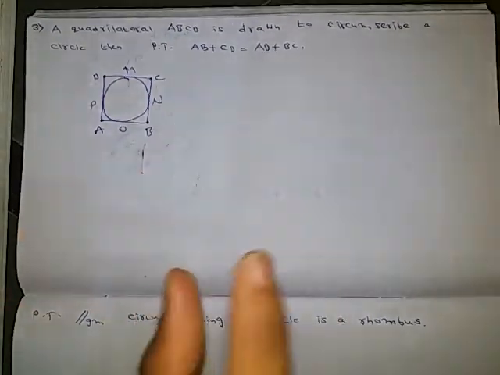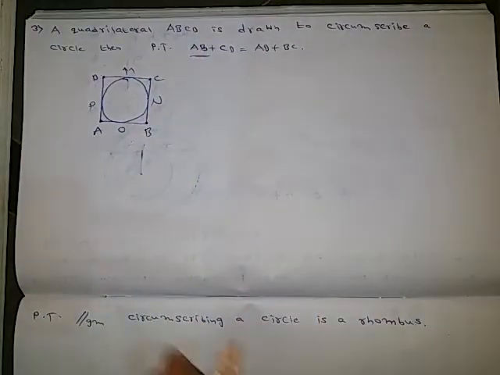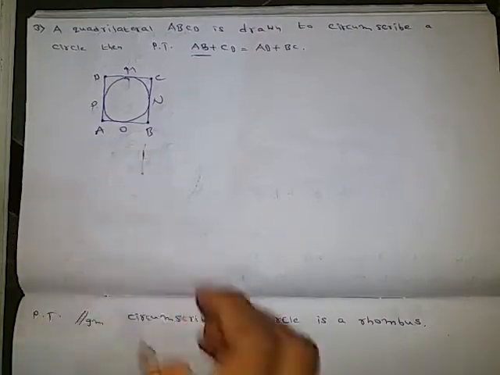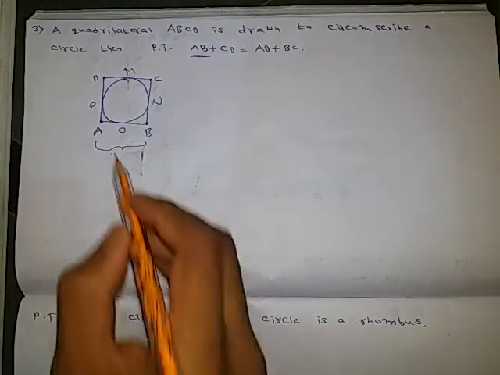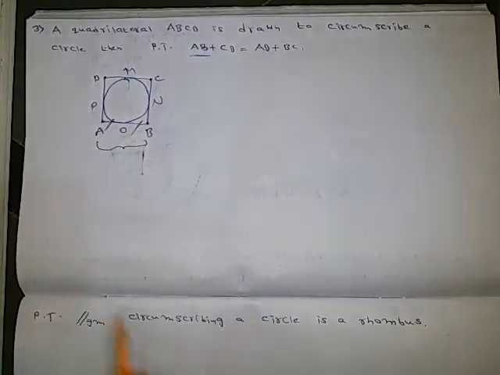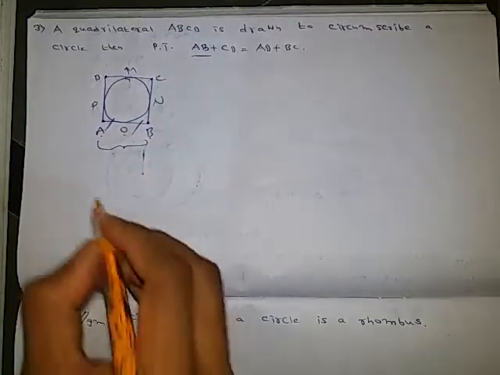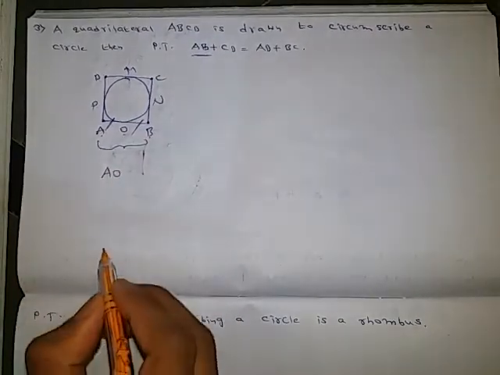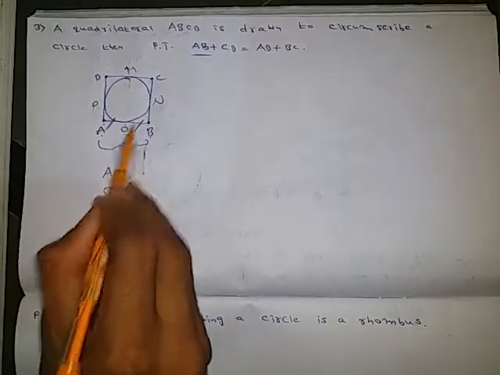Now let us check clearly. Here AB, check the AB in the figure. Now this total side AB is nothing but this part plus this part, that is AO plus OB. It means you write AO, just below that you write OB also, AO, OB.